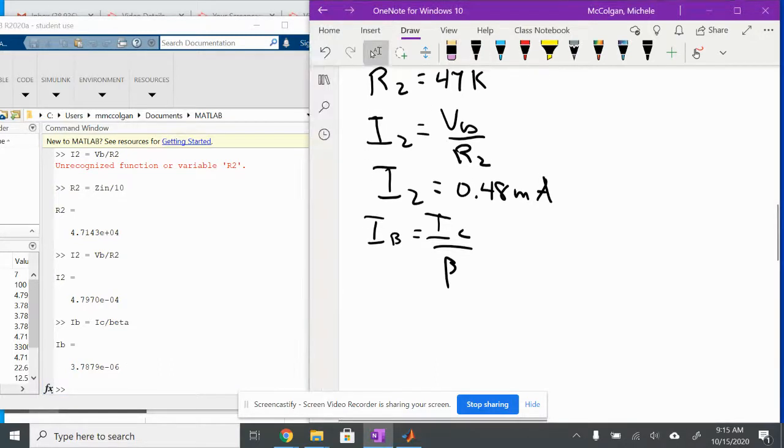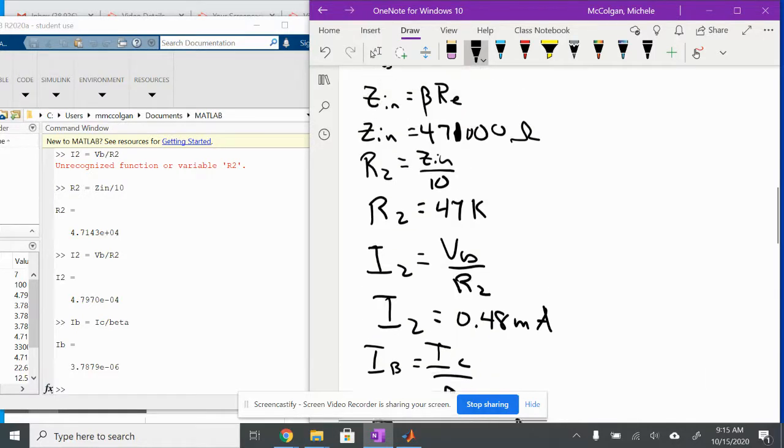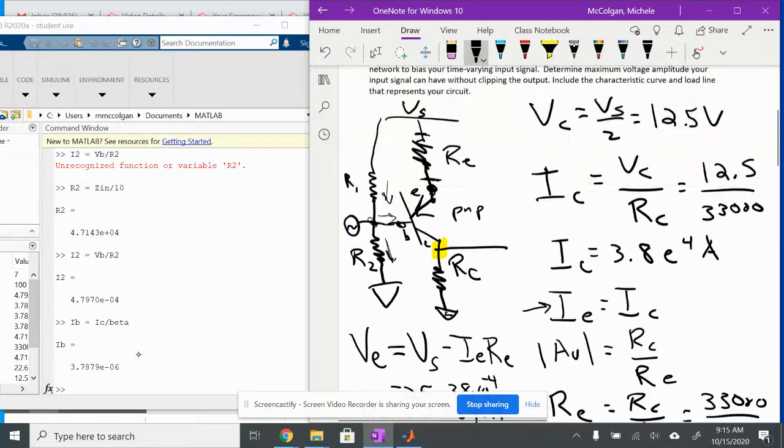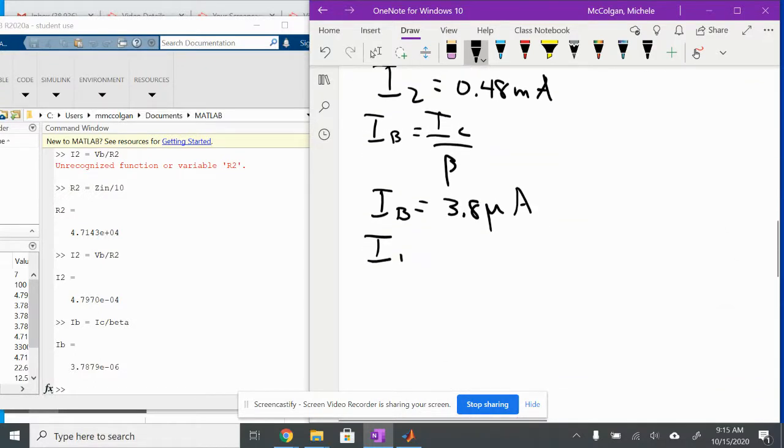Yeah, so that makes sense. IB is 3.8 microamps. And now I can find I1. So remember, I1 is the current that goes from the source through R1 and then splits into IB and I2. So I can just find that by saying I1 is equal to IB plus I2.